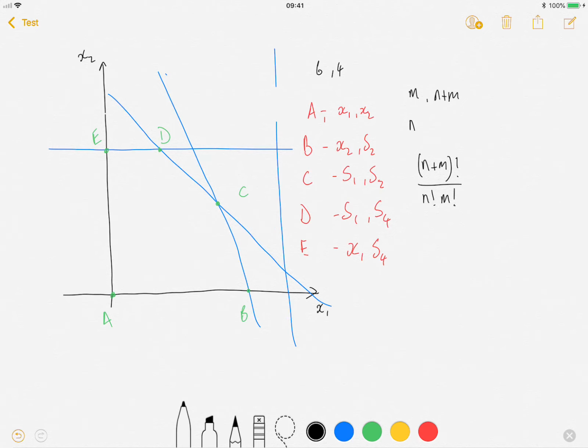So have a look for yourself: if you've got 6 unknowns and 4 equations, how many solutions are possible, and of this, how many are feasible?